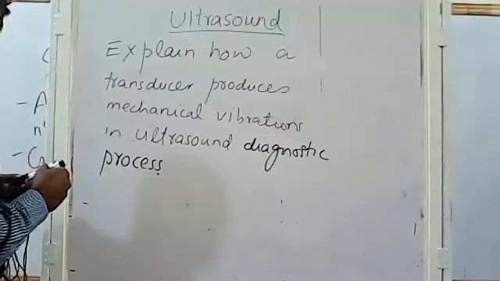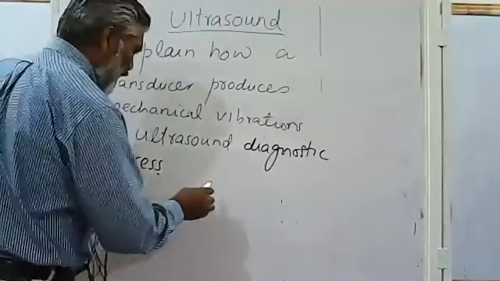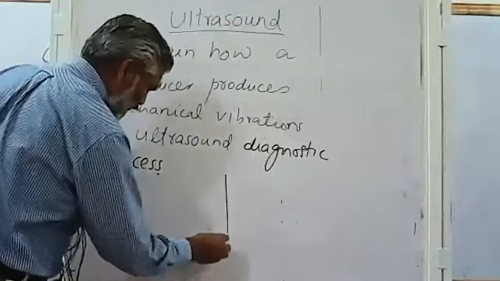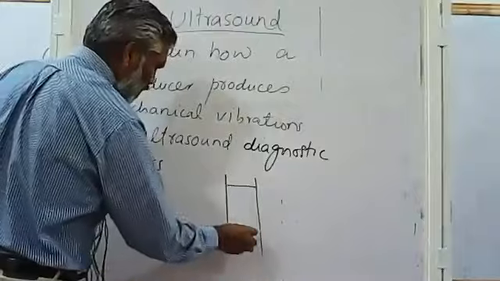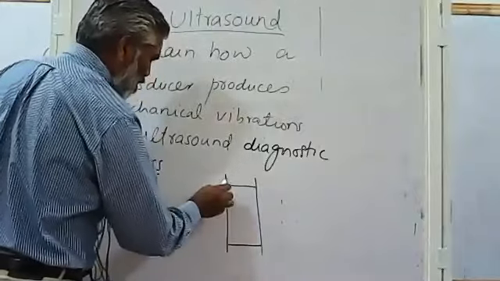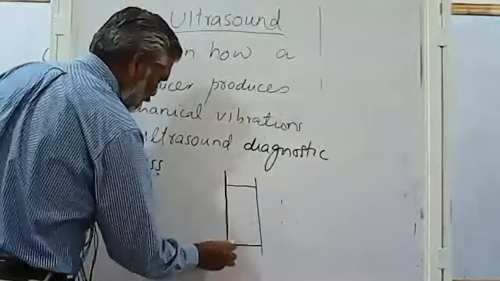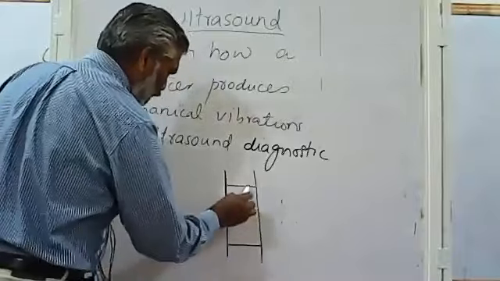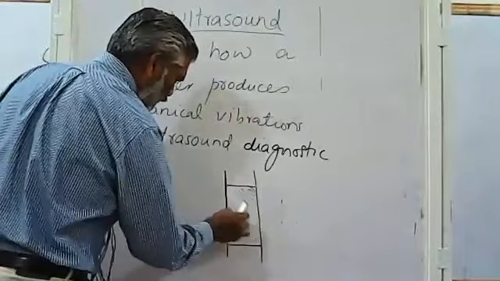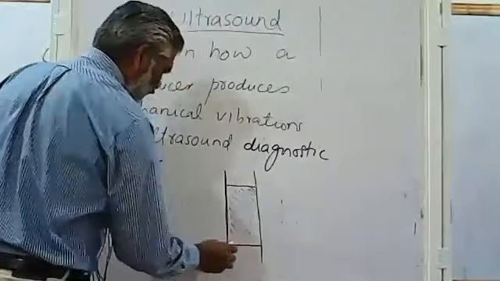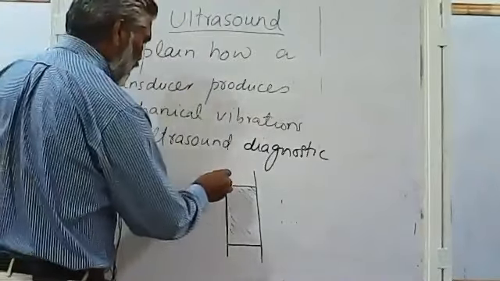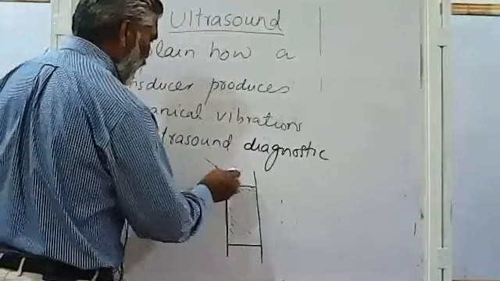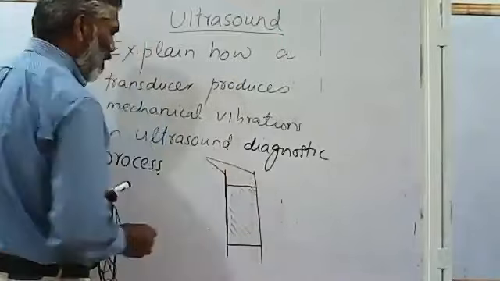So what you need to understand is that this is the transducer. When you write the answer, you will mention that we have a quartz crystal. This is the quartz crystal sandwiched between two plates which are highly conducting, and these are two copper plates.